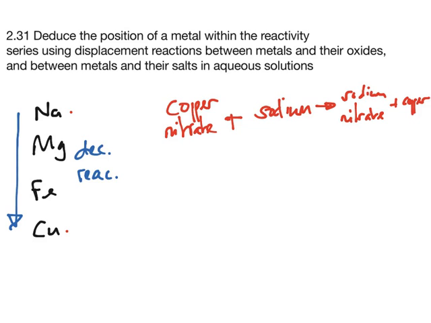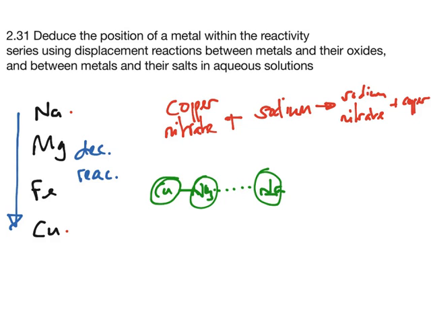Okay, and that's because, remember, we start off with, let's see if I can draw this in a slightly different way. Here's my nitrate, which is NO3, and that's bonded onto copper. And we've got some sodium over here. Copper is actually bonded to the nitrate in the first instance, but sodium is reactive, so it wants to bond with the nitrate.